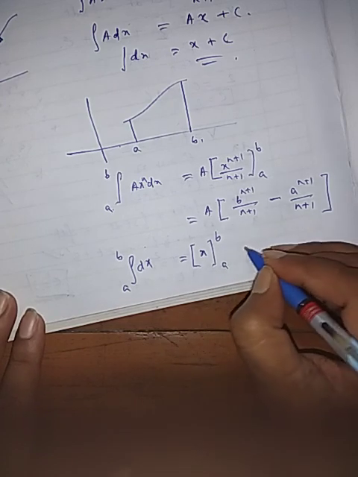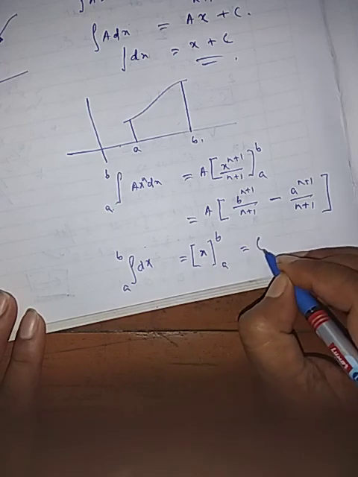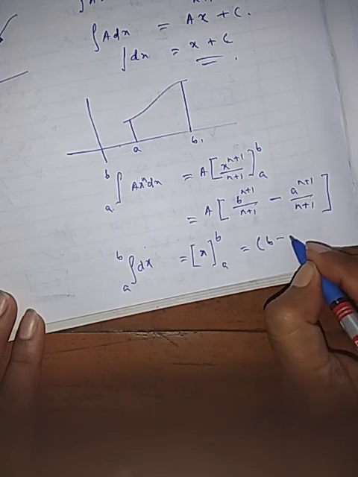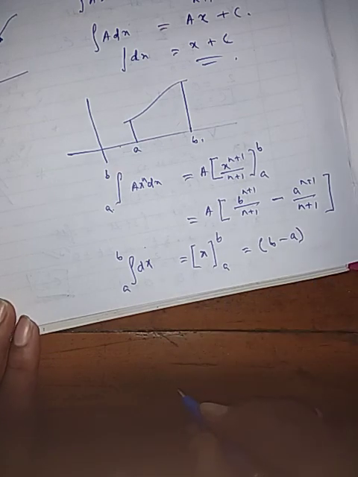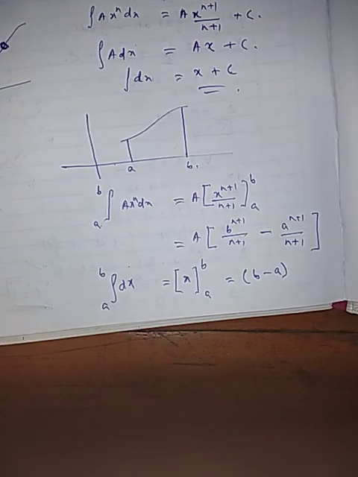And finally, you get upper limit minus lower limit, that is b minus a. This is your final result. Okay, so remember this, and I am going to use it in finding the equations of motion using the definite integration formula.